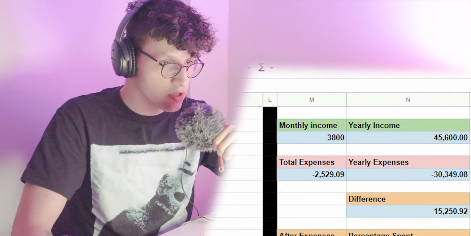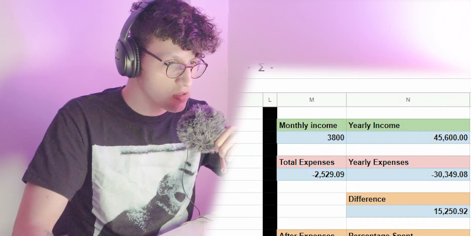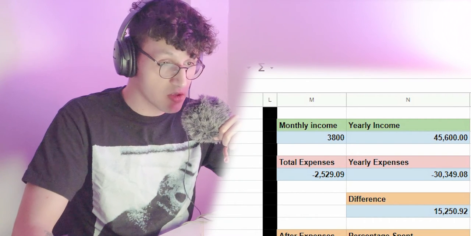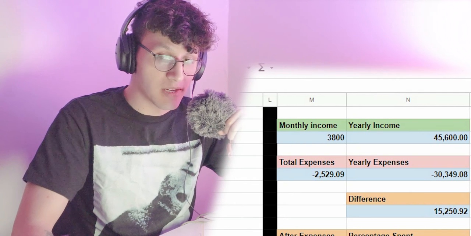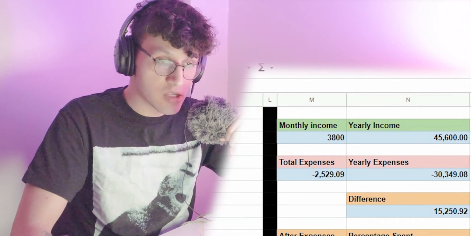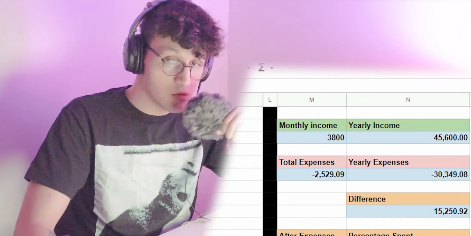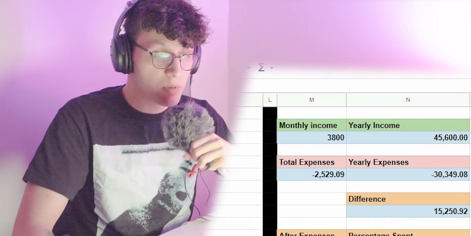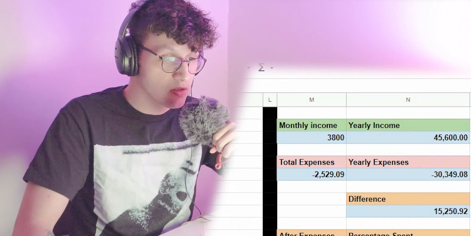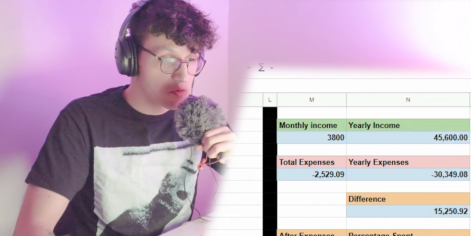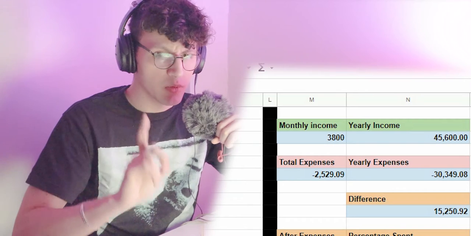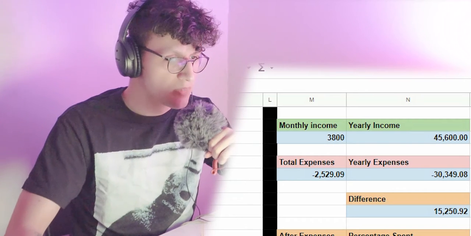This is your total expenses. So how many expenses you put here will make this number go up, obviously. This is how much money you're going to be spending a year on just your necessities. This will blow your mind sometimes. A lot of people don't expect this, and most people will not put every single thing that they're spending in this portion. Don't worry, we've taken that into account as well.